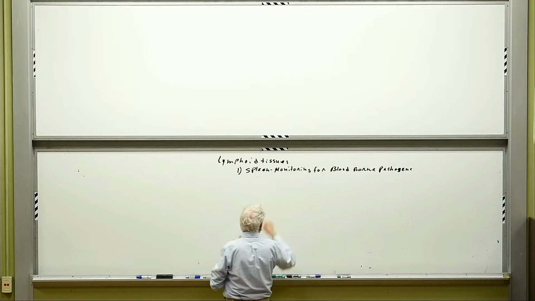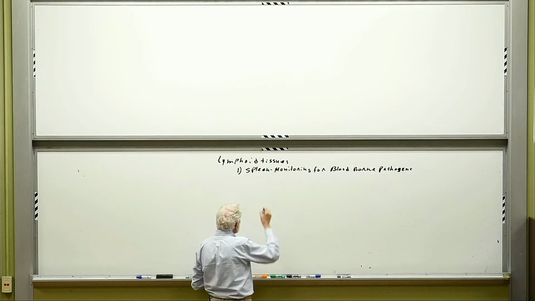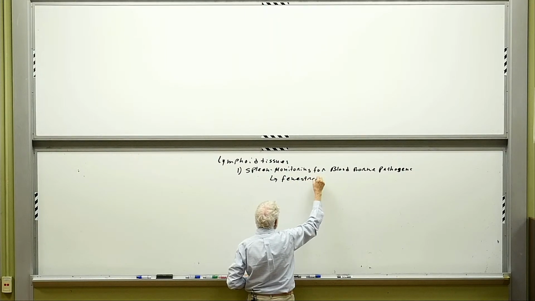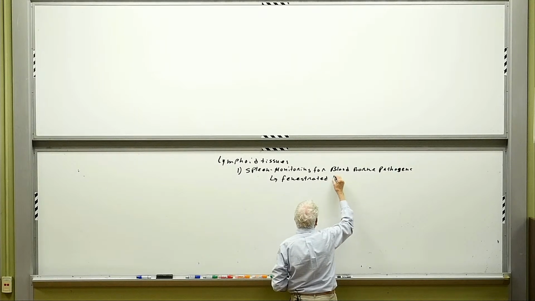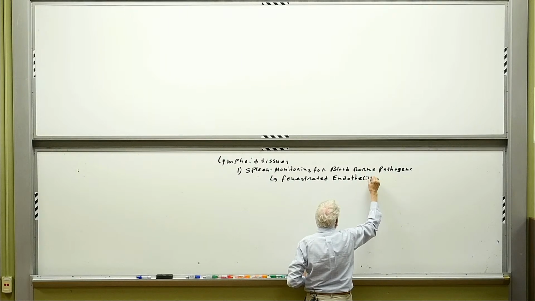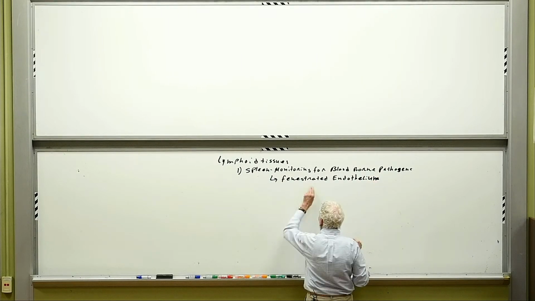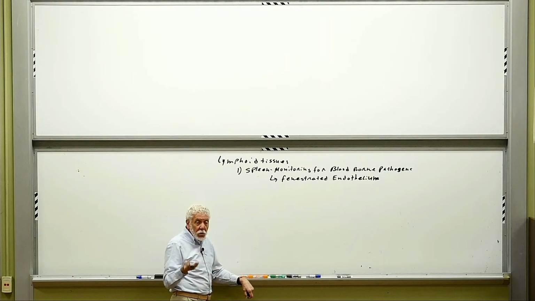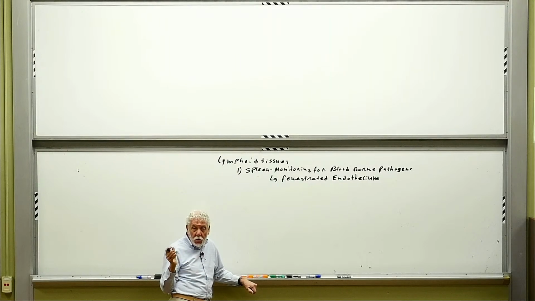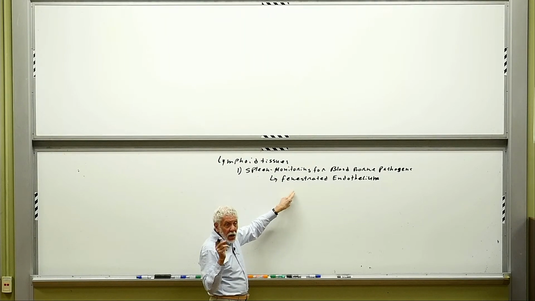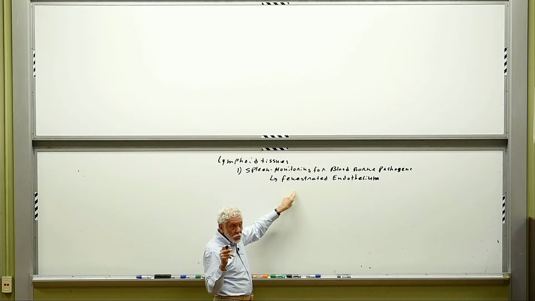But the spleen is monitoring for blood-borne pathogens, and this is then predicated on the idea of the fenestrated endothelium. Just as we saw yesterday that the fenestrated endothelium permitted the movement of erythrocytes from the blood vascular compartment out into the extracellular regions of the spleen, we can use this same trick, these wide gaps between endothelial cells, to allow for the movement of bacteria out of the blood vascular compartment and out into the extracellular space.